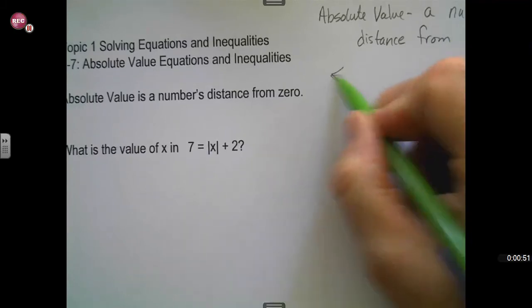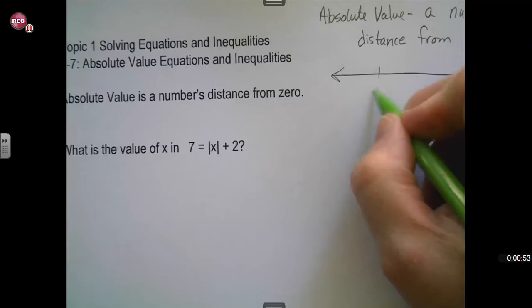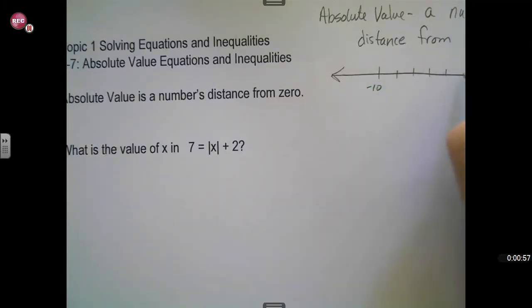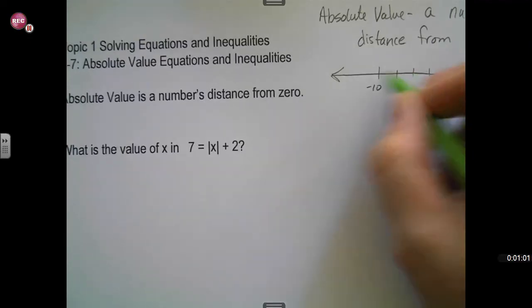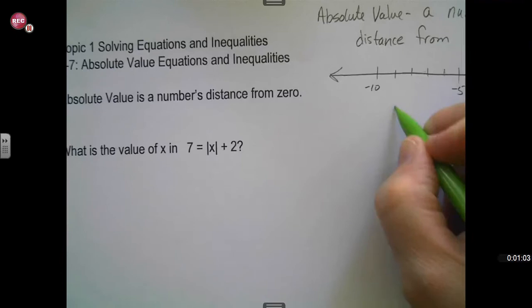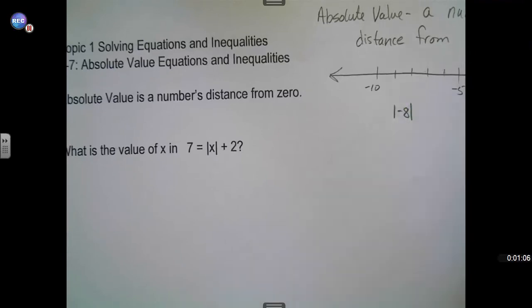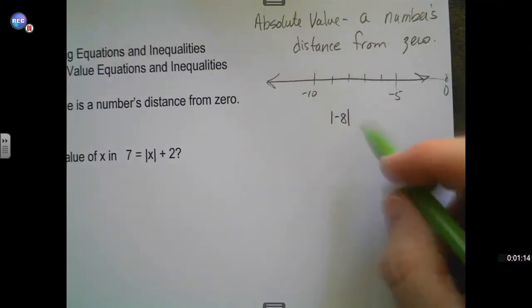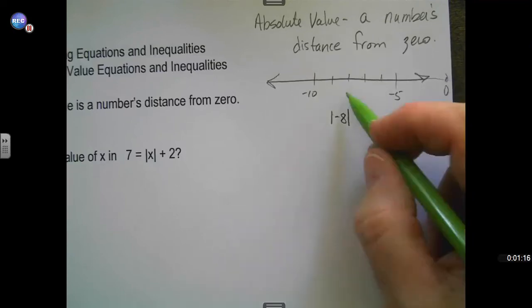So when we think of a number line, maybe we have -10, -5, and we want the absolute value of -8. Well, somewhere way over here is 0, and -8 is 8 units from 0.